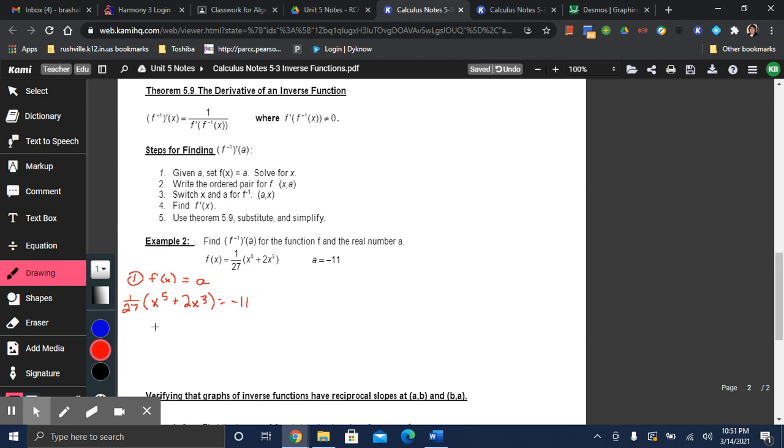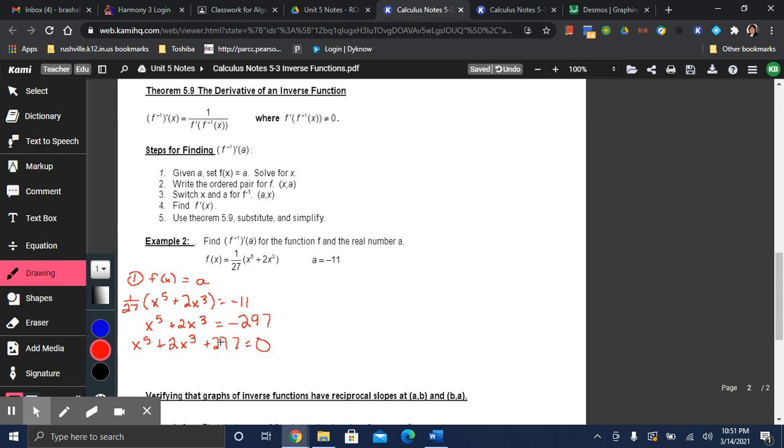And so I can multiply both sides by 27. That will give me x to the 5th plus 2x to the 3rd equals negative 297. And then I'll add that to both sides to get my equation equal to 0. And I certainly don't want to factor that.